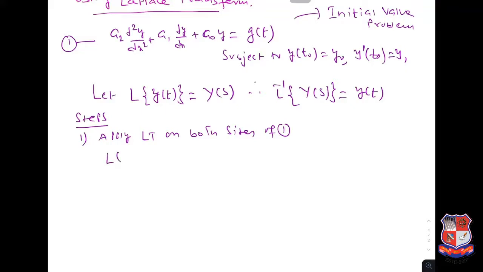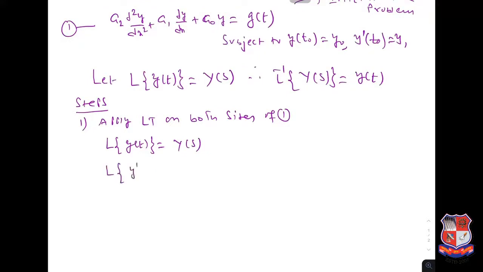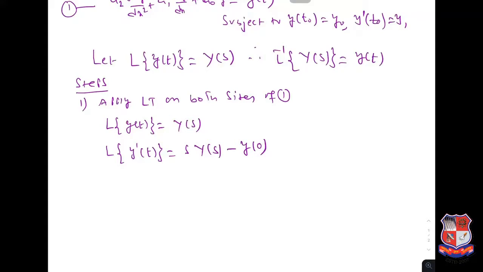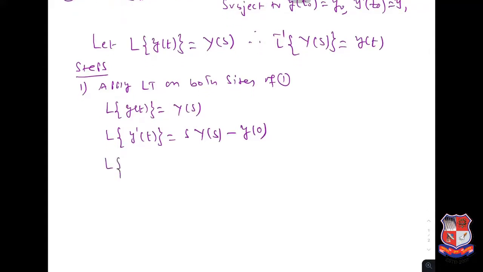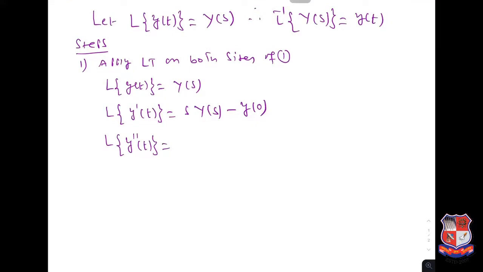See, Laplace transformation of y of t equal to Y of s, Laplace transformation of y dash t equal to s Y(s) minus y at 0, Laplace transform of y double dash t is s square Y(s) minus s y0 minus y dash 0.